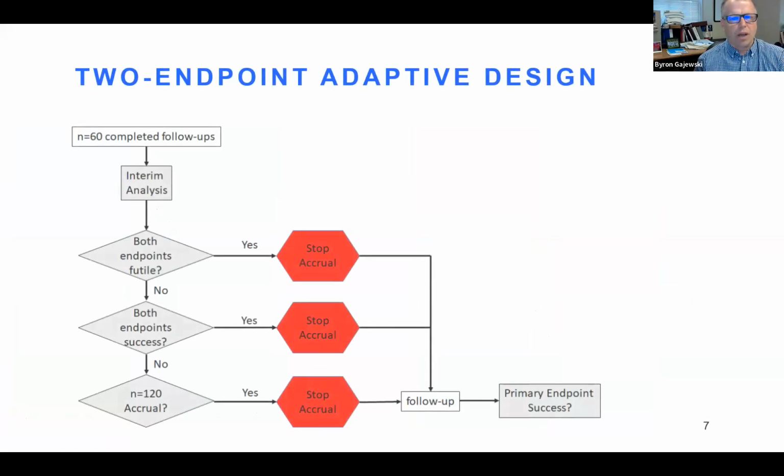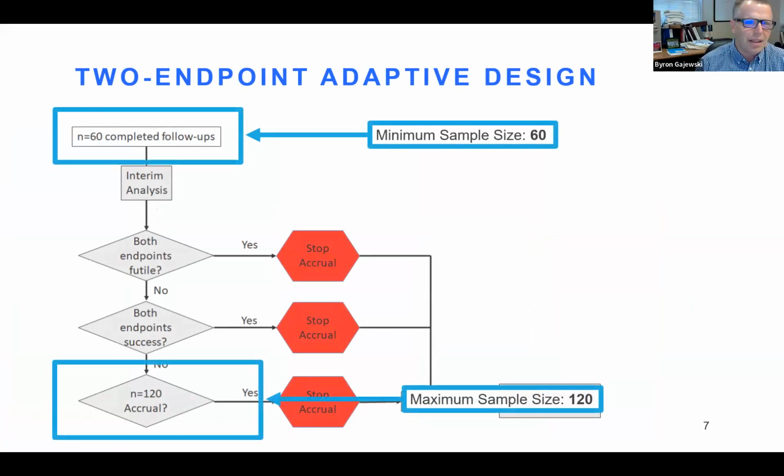So this is what we're going to call our design, our adaptive design. We'll call it a two-endpoint adaptive design because it has a primary endpoint and a secondary endpoint that drives the adaptive design. The minimum sample size of the trial is 60.